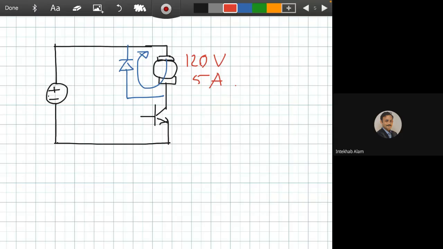Lamia Sharmin, Tamil Islam, Mushfiq Rahman, Shahid Amin, do you have any idea? Mirza Salem, Mashur Rahman, you don't have any idea? What should be the voltage rating of this diode?